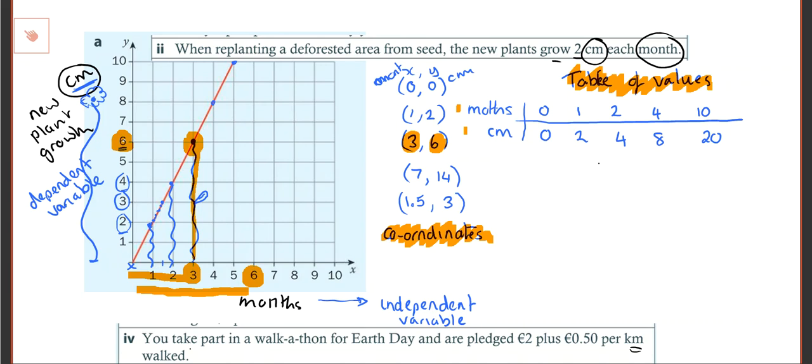I have no problem with seeing you write months and centimetres. It looks like the coordinates a bit more then, doesn't it? So I'm not picking up Alistair for that. He only did it because he had to. You're allowed to do it that way if that helps.